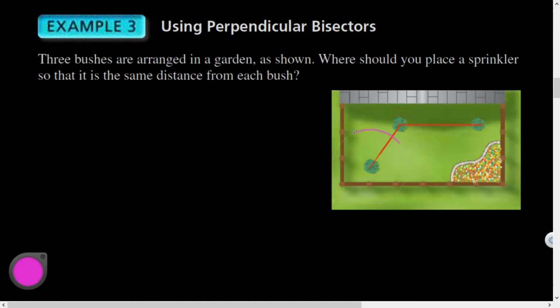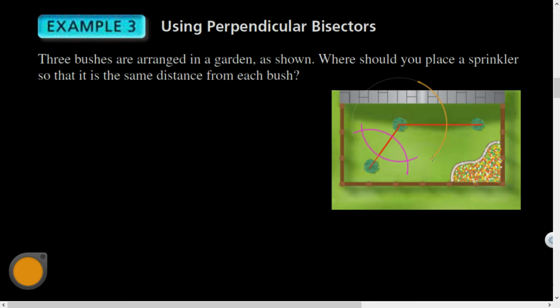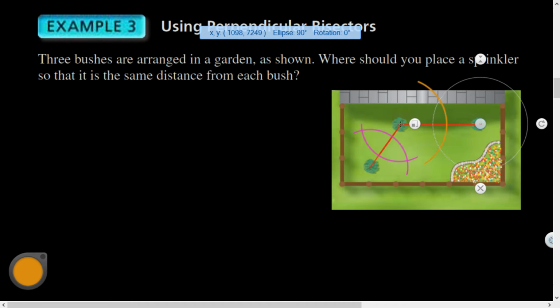In order to construct perpendicular bisectors, I'm going to do this. Let's see, I'm going to need it a little bit larger for this one. I'll do a different color here. Perpendicular bisectors. All right, and watch what happens here.